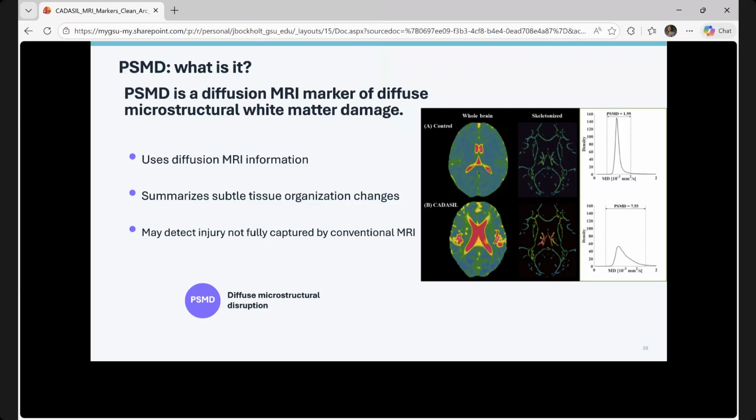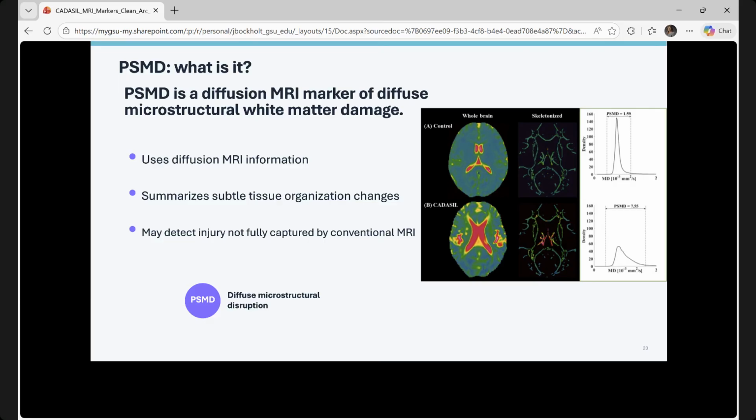And then within the ventricles, where CSF is, that's water, and so you can see the maximum sort of diffusion occurring in those regions. Now, in a CADASIL participant, you can see that the diffusion within white matter is definitely changing, and it's allowing more diffusion to occur.